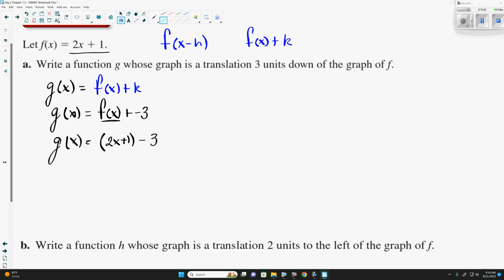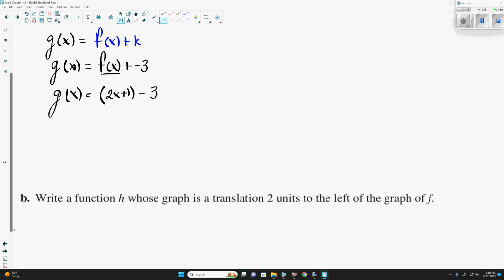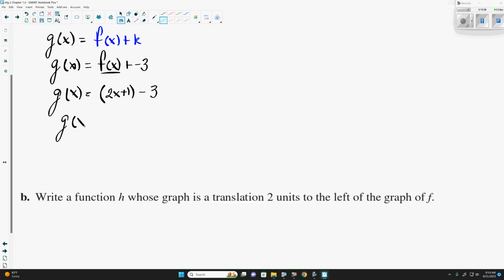Now we just need to simplify. At this point, we can drop the parentheses because there's nothing in front of it besides 1, so there's not going to be any change. So we have 2x plus 1 minus 3. Are there like terms?